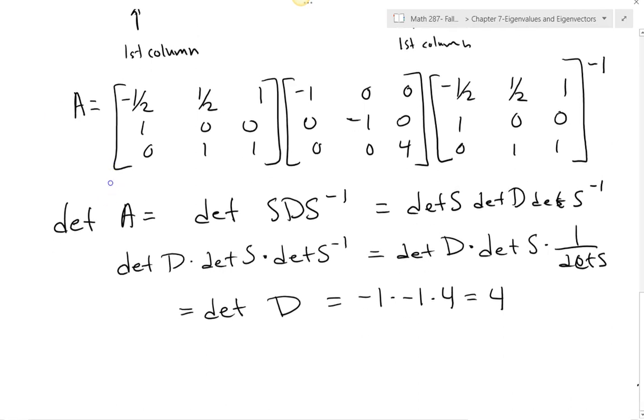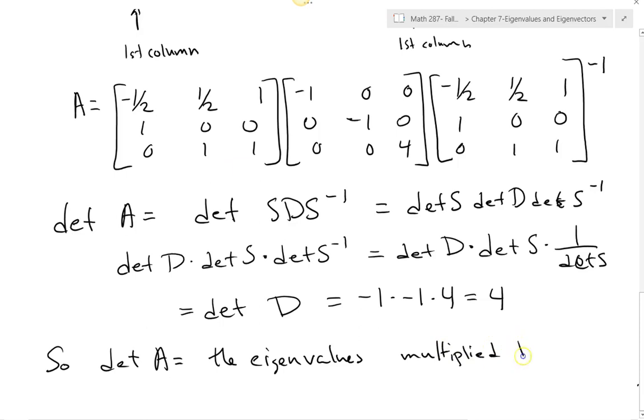So the determinant of A equals the eigenvalues of A multiplied together. And when we say accounting for multiplicity, just notice that we multiplied -1 twice.